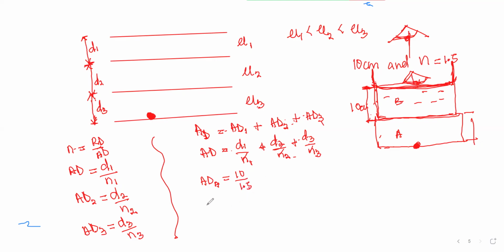Then the apparent depth of B would be 10 divided by the refractive index of B, which is 1.33. Therefore, the apparent displacement would be 10 over 1.5 plus 10 over 1.33. And if you got 14.2 centimeter, you can be smiling to the bank.